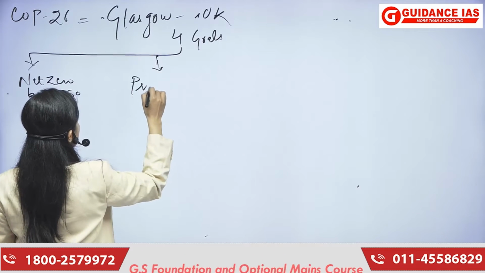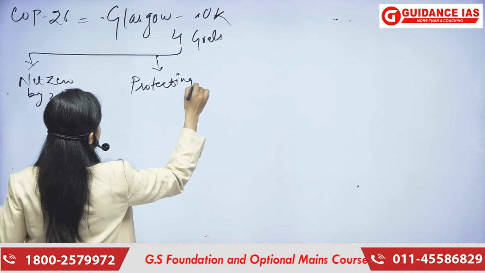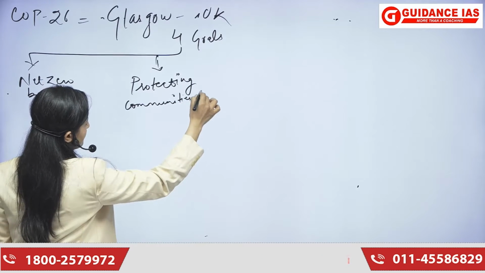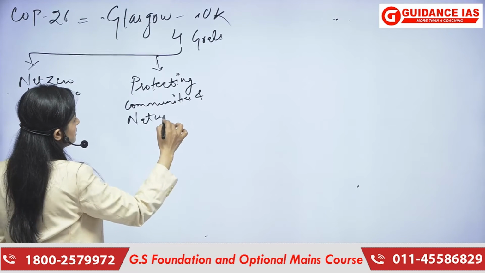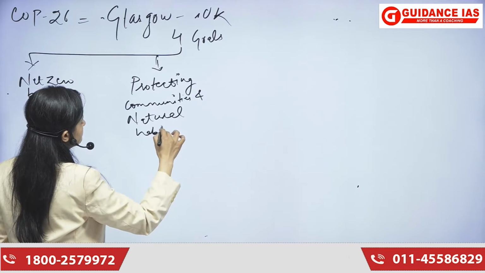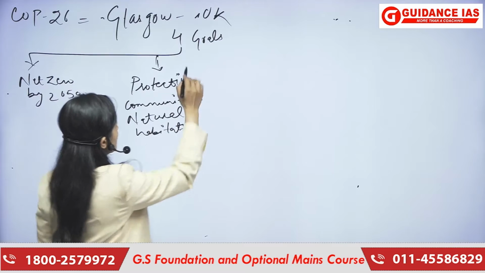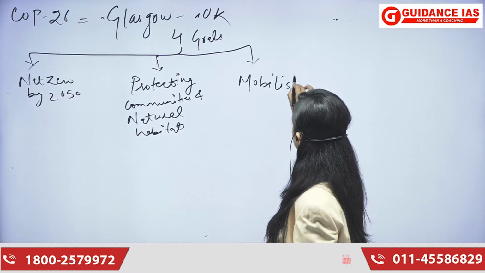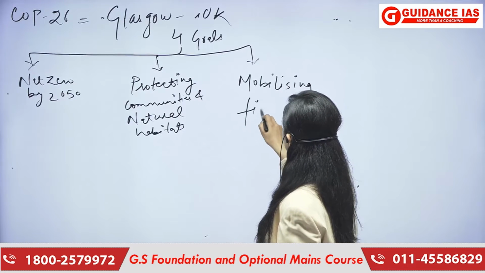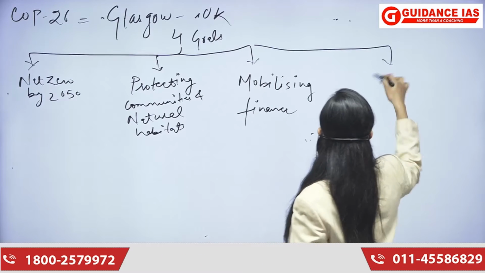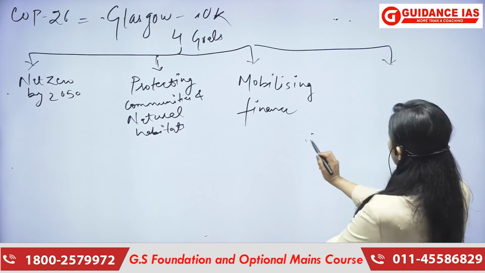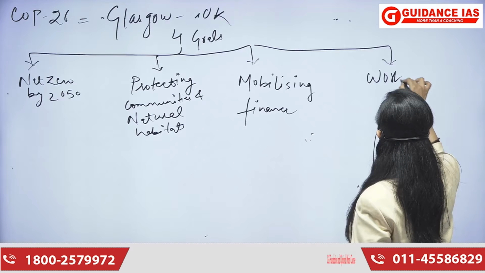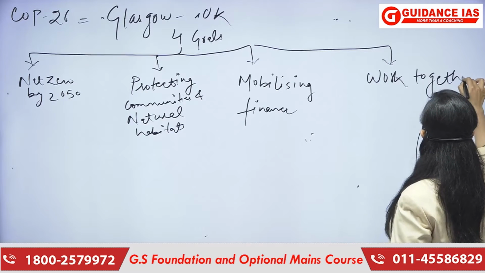Second, protecting communities and natural habitat. Third, mobilizing finance. I think the writing is clear to you. If not, I'm dictating everything. Mobilizing finance. And the last one was work together to deliver.